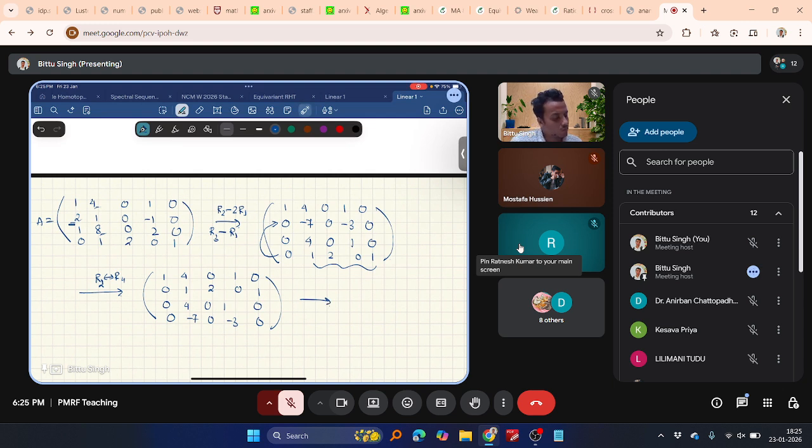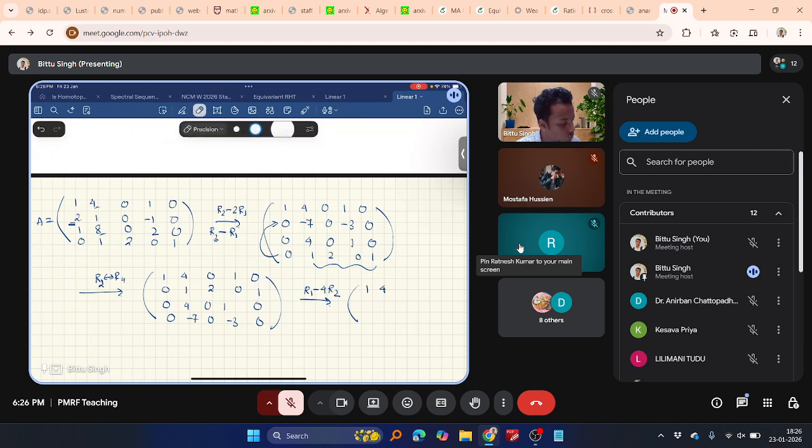Now we need to subtract from other rows because the second row has a leading one, so we subtract this row 2 from row 1. We multiply it 4 times and then subtract it. So I want r1 minus 4 times row 2, so that the 4s get cancelled.